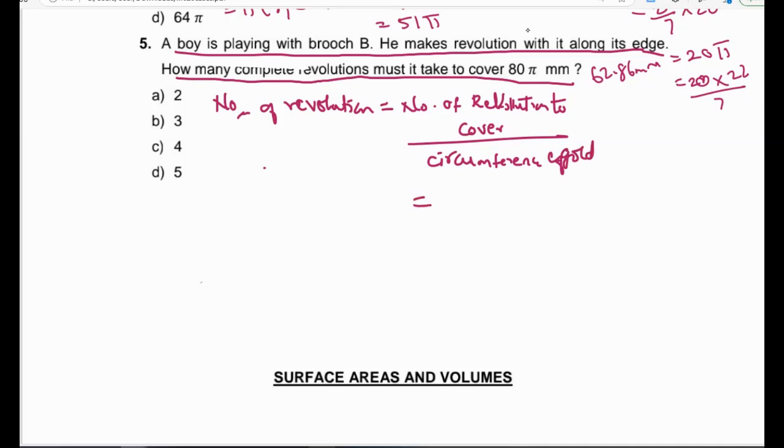So that will be 80 pi divided by 2 pi d.